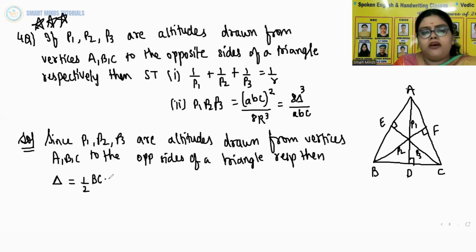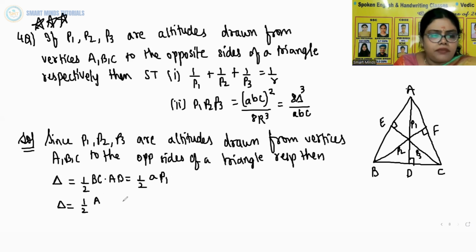So that can be half BC into AD, that is half a P1. Or if you are taking the base as AC, then height will be BE, so that is half b P2.